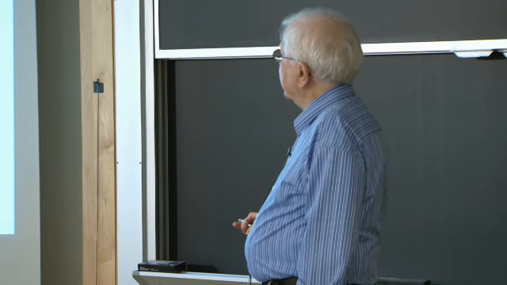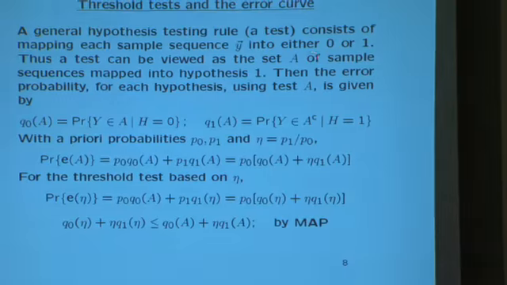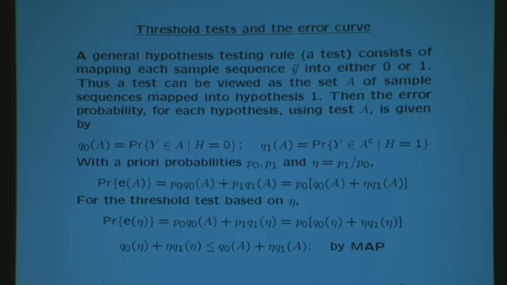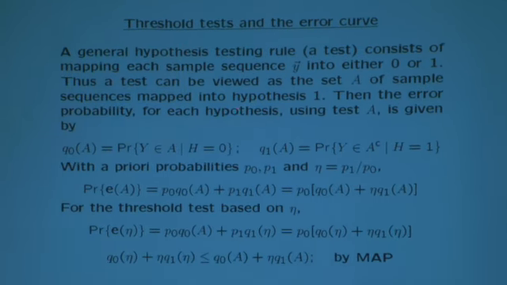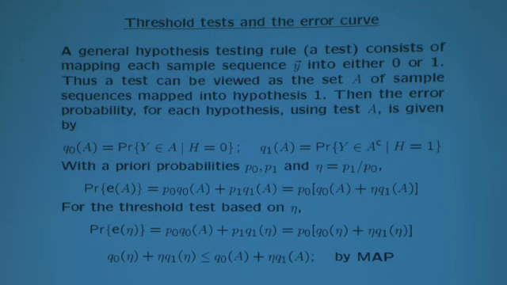So we're going to call a set A the set of sample sequences that get mapped into hypothesis 1. That's the most general binary hypothesis test you can do. That includes all possible ways of choosing either 1 or 0. You're forced to hire somebody or not hire somebody. You can't get them to work for you for 2 weeks and then make a decision at that point.